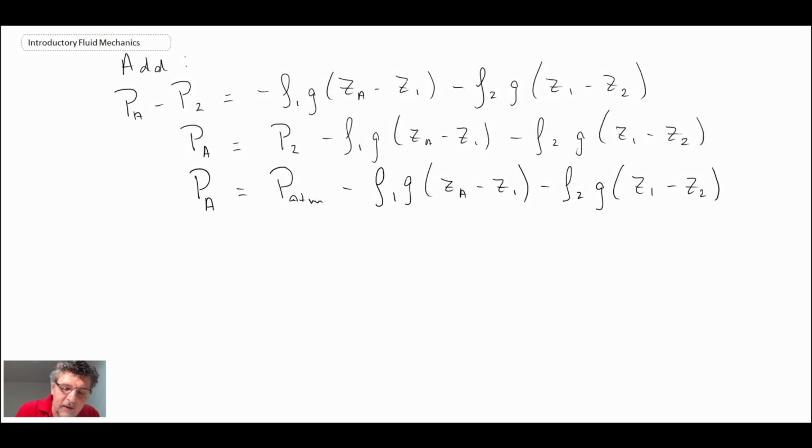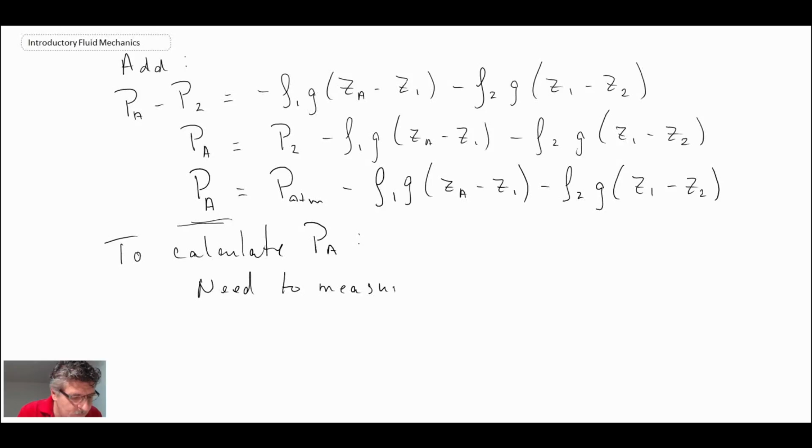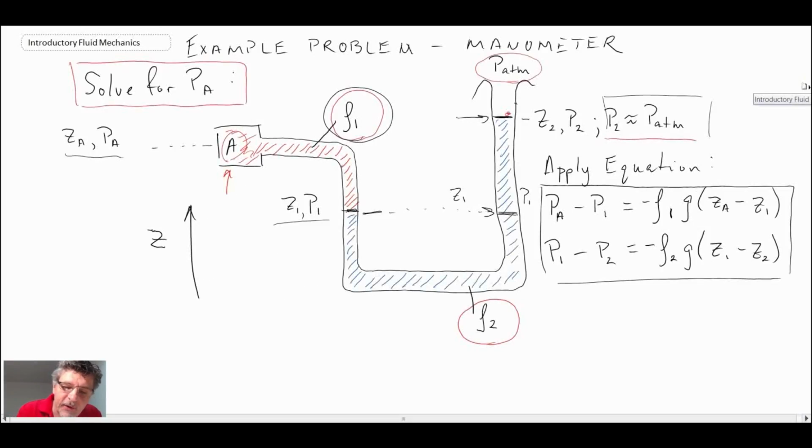So what this tells us is that in order to calculate PA, we need to measure the following. We need to know ZA, and that would come out of the convention by which the manometer is designed. Given the geometry of this manometer, we would know ZA exactly.